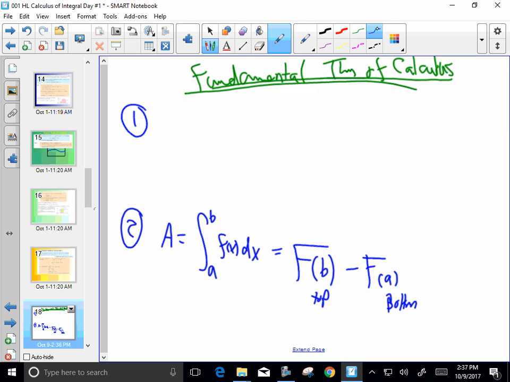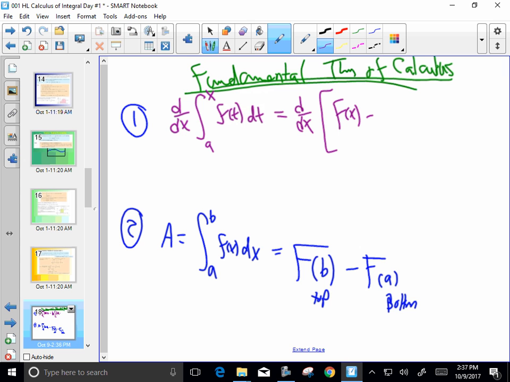That's the easy one. The one that's a little tougher to remember is that if you took the derivative of the antiderivative from a constant a to a variable x of f of t dt, essentially what will happen is you'll get the derivative of the antiderivative of f of x minus f of a.